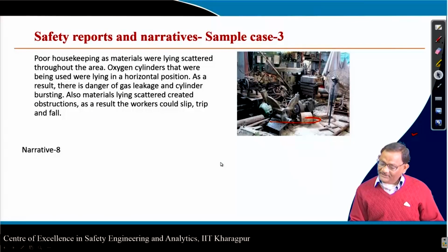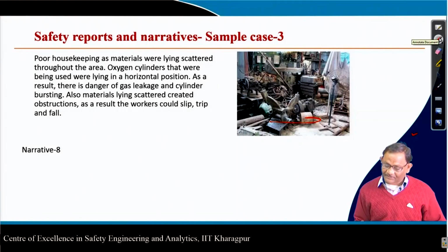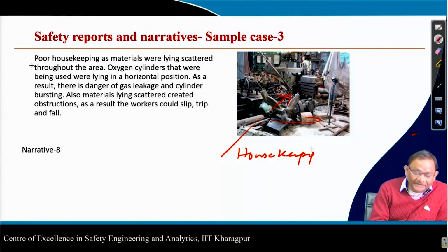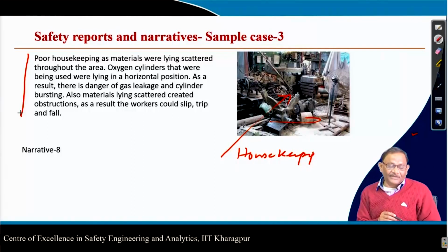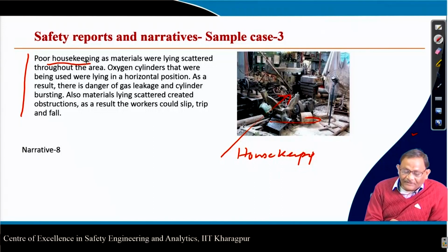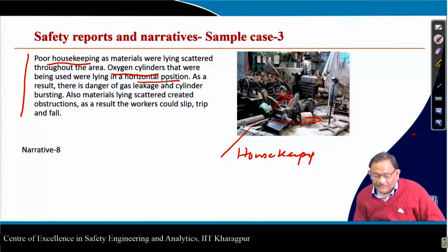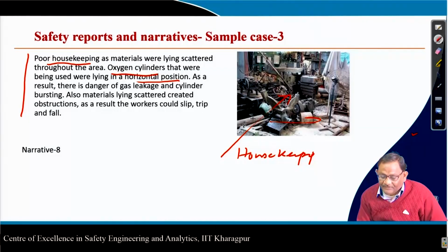In the third case, suppose this is the workplace, there is some kind of housekeeping problem. Housekeeping. Now the narrative for such a workplace is written here, where we are saying that poor housekeeping, with materials lying scattered throughout the area. Oxygen cylinders that are being used were lying in horizontal positions.